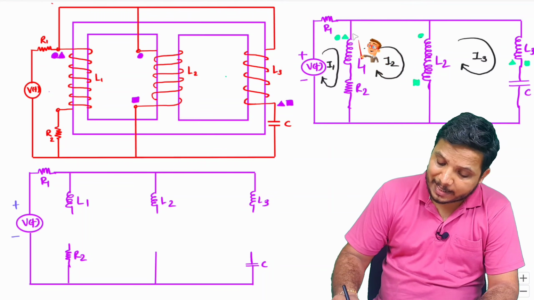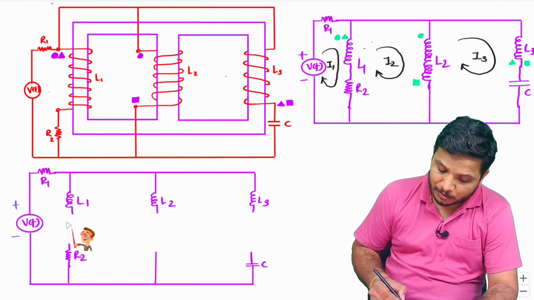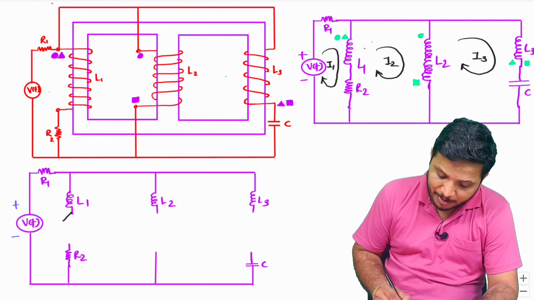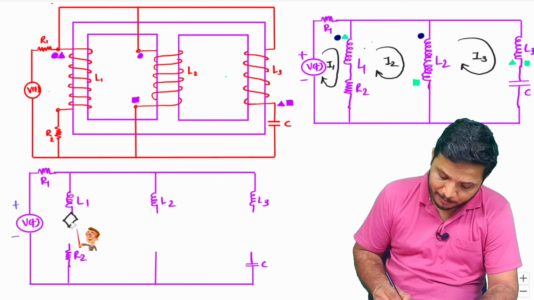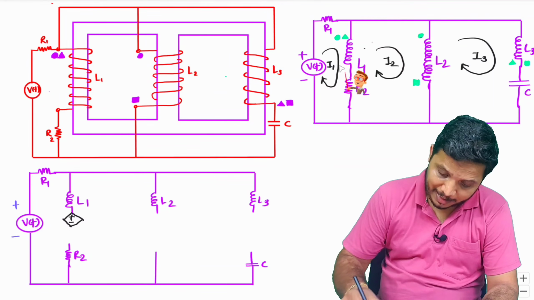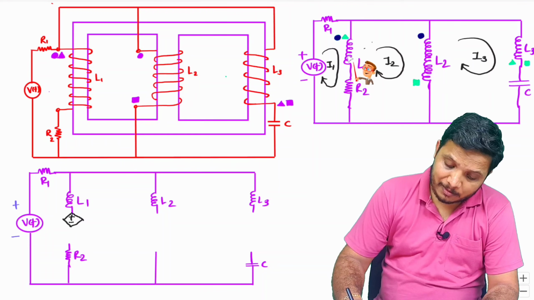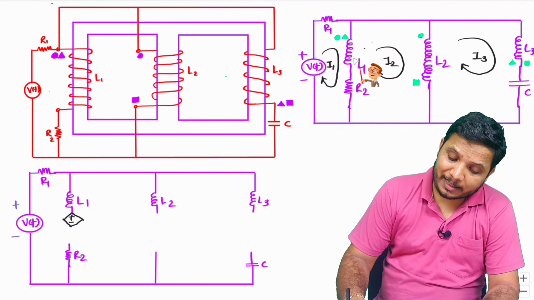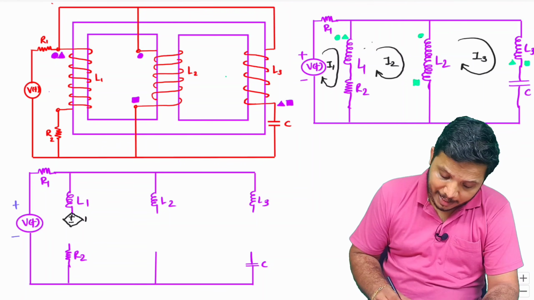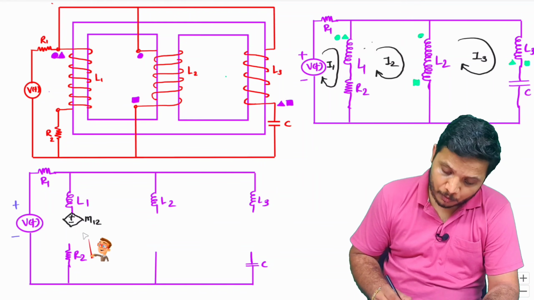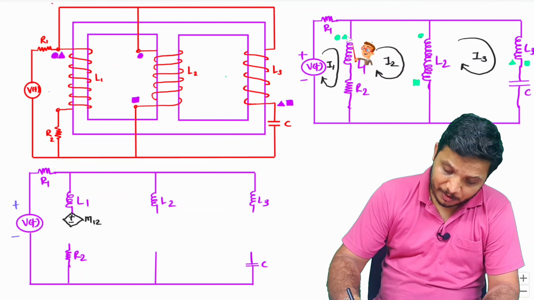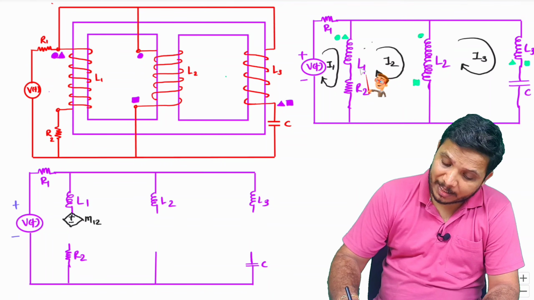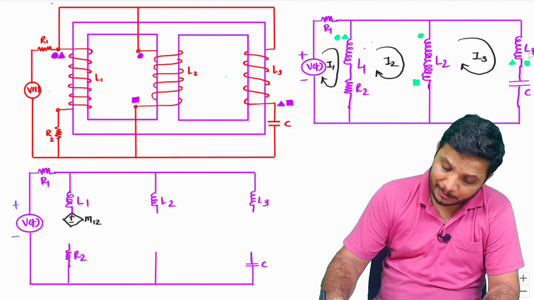So as current is entering for L1 and L2, it will generate induced EMF here, having polarity plus minus. This mutual induction between L1 and L2 is M12.